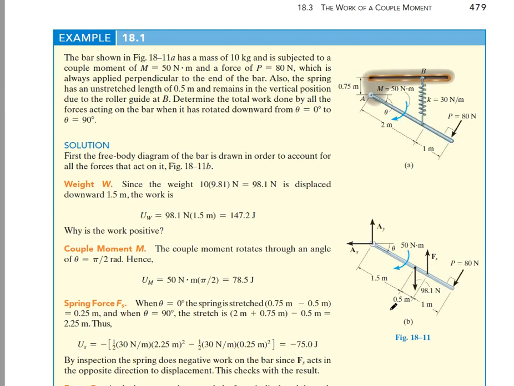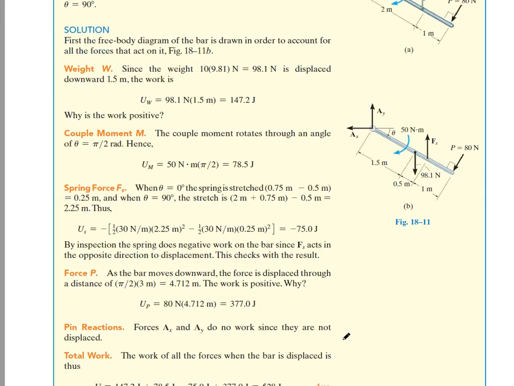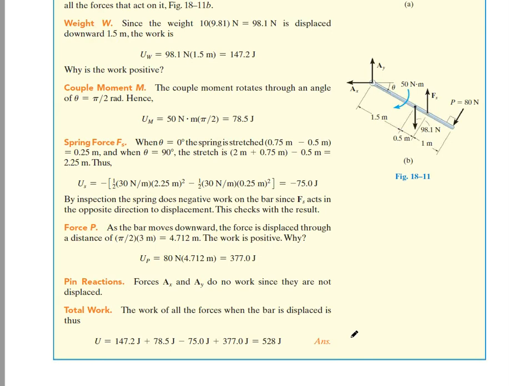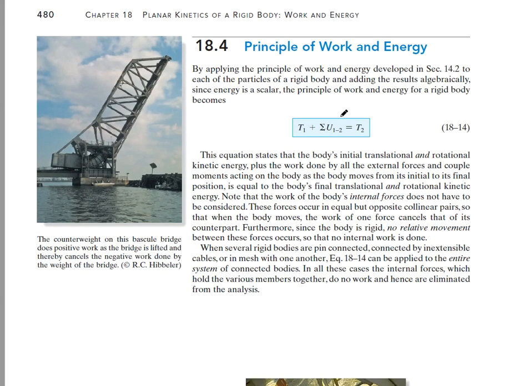There are some sample problems. There's one here where we have the work of gravity and work of a spring, and then there's section 18.4, principle of work and energy. And we're familiar with this kind of equation.